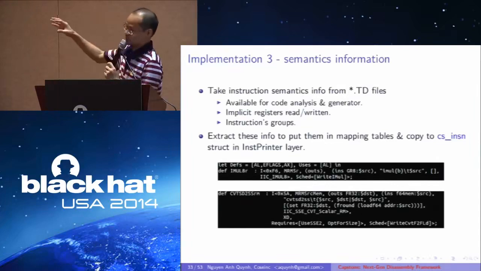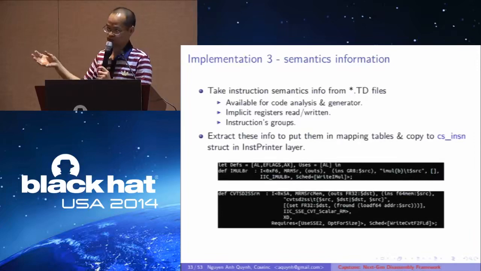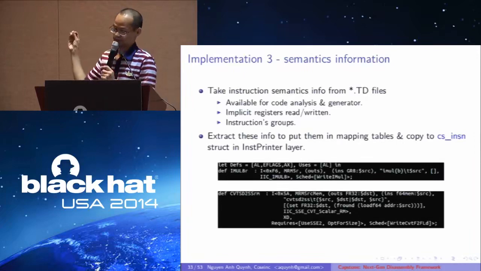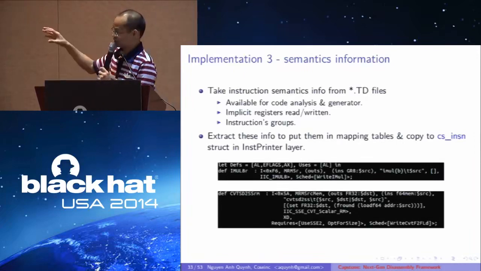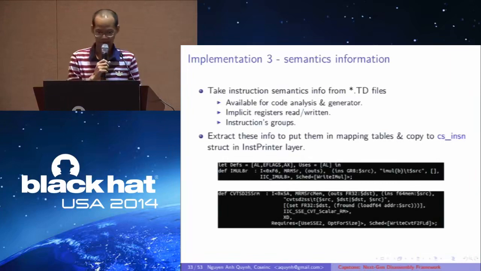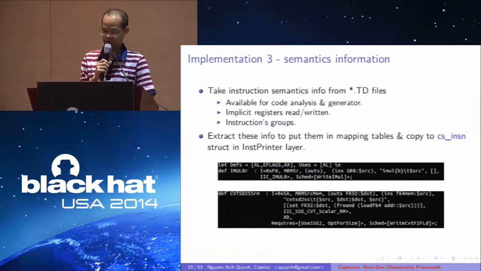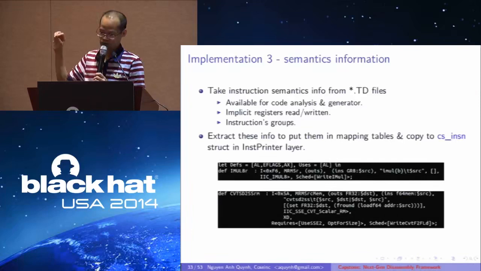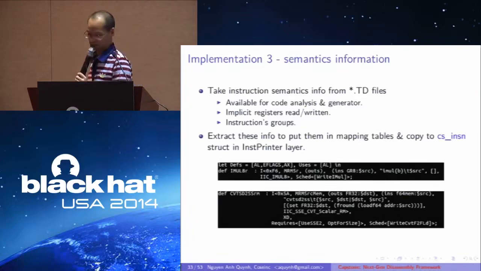But I think that this information can be useful. So my idea is that I took this information out and gave it to Capstone. This information was originally not for the disassembler, but for the code generator inside the compiler. So I extract all of this information and put it in many mapping tables inside Capstone, and at runtime, at the hooking layer, at the printer layer, I copy all of this information into the CS_INSN structure.